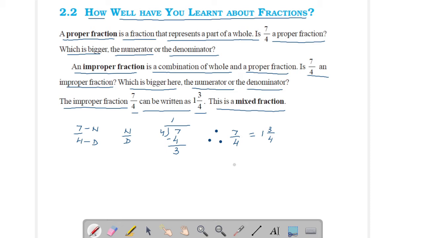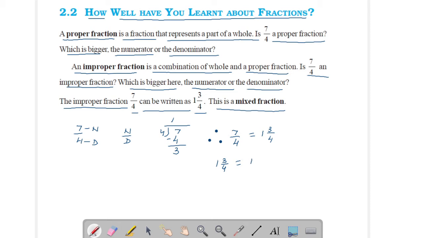And a mixed fraction can also be written as an improper fraction. How will you write it? Here the mixed fraction is 1 3 upon 4. How will you write it as an improper fraction?